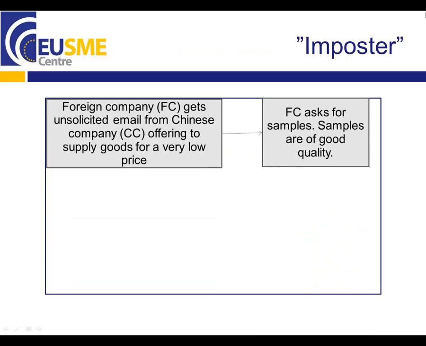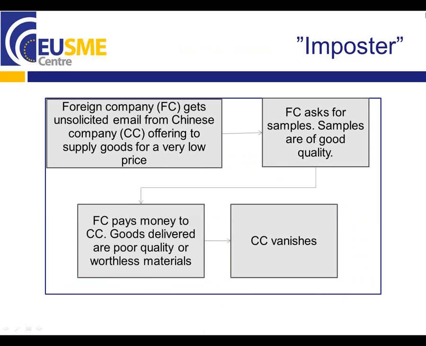Now, a few slides on how a scam usually looks, how it starts. A foreign company gets an unsolicited email from a Chinese company offering to supply goods for a very low price, an exceptionally low price, such a price that you cannot resist and you say it makes sense to continue. However, the foreign company asks for samples. Samples are delivered, and the quality of the samples is very good.